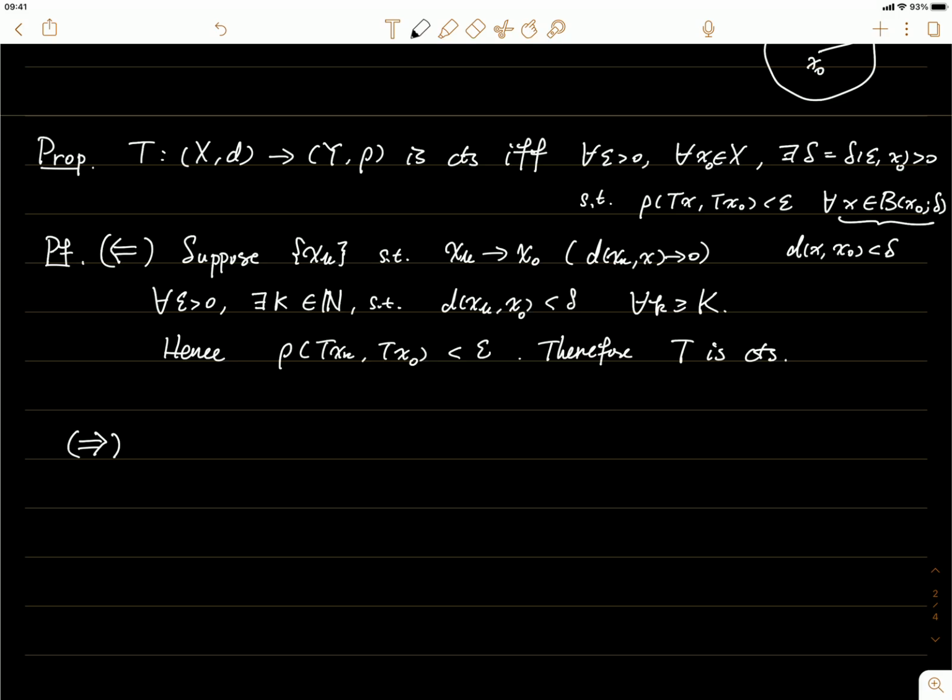The other direction, suppose we know the mapping is continuous. And let's see how do we show the right hand side? Suppose not. So the right hand side says that for any epsilon, any x naught, there exists some delta such that this is true.